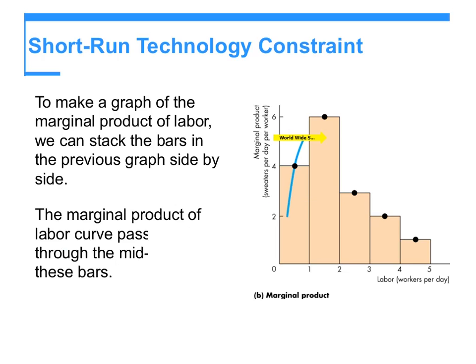So the marginal product of labor curve passes through the midpoint of these bars, as you can see. If you put the midpoints of all of these bars together, the curve that can be composed by putting all these together will be this marginal product curve.